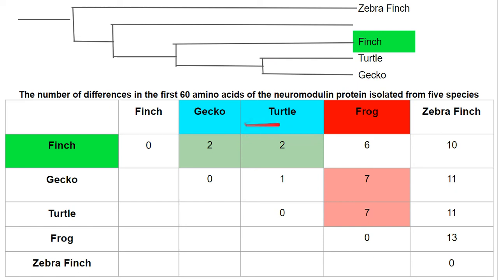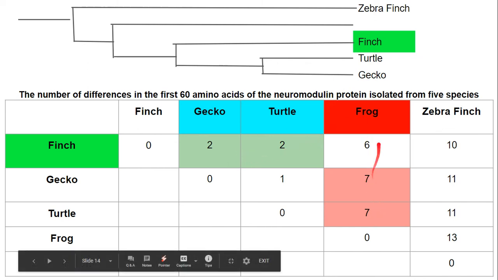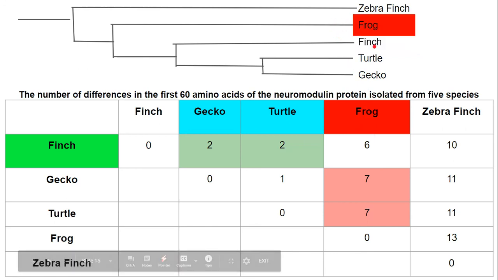So you can see here, if we have turtle and gecko as the most closely related, and I know I have to put finch and frog in here, which one is going to go closer to the turtle and the gecko? The finch, because it only has two differences with each of those, whereas the frog has 7 differences, and it'll be further away. So then finch goes here, frog goes there, and then we're done.